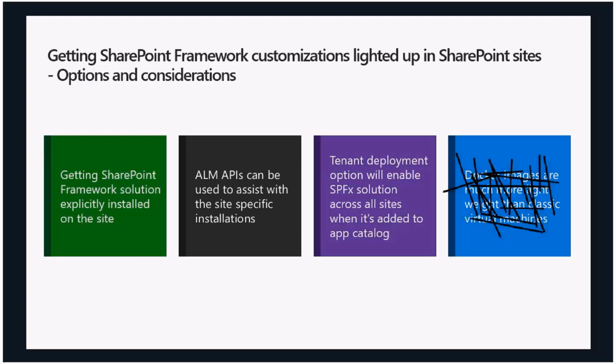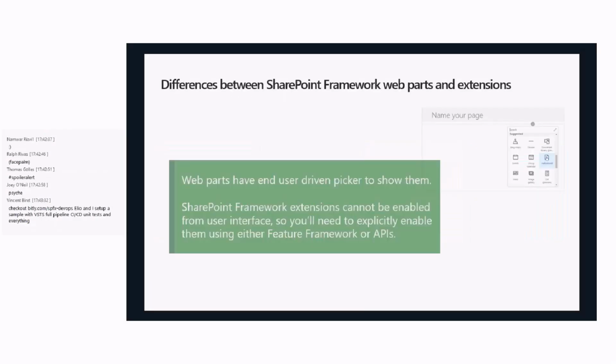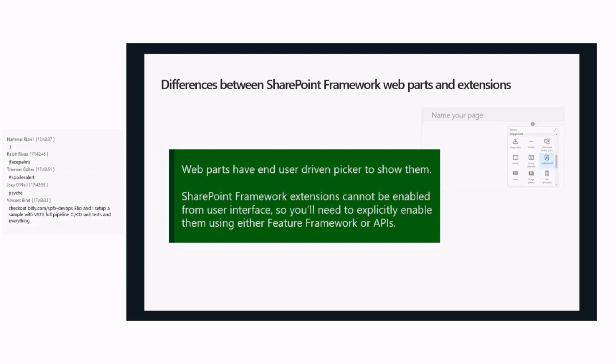So now let me go a few slides and I'll let Waldek ask some of the questions. Now, there are two main component sets in SharePoint Framework. There are the web parts, and they basically have an end-user driven picker. Whenever a web part is deployed on a site, it will be available in the web part picker. Whether it is deployed using a tenant scoped option or at the site level doesn't really matter.